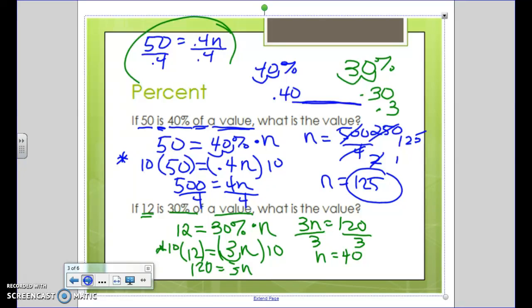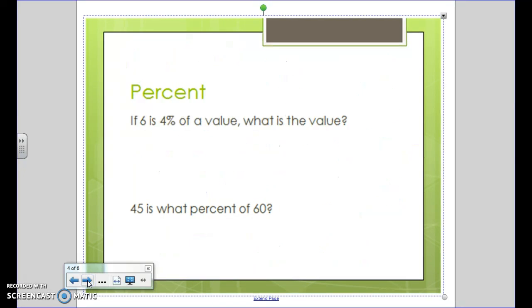All right. Let's take a look at another one here. It's very similar to the ones that we just did. It says, if 6 equals 4% of a value that we don't know, what is the value? Oh, this is going to be a tricky one because we did 40% and 4% is a little different. When I think about 4%, it's still 4 per 100, so I still need to move the decimal place 2 spots.